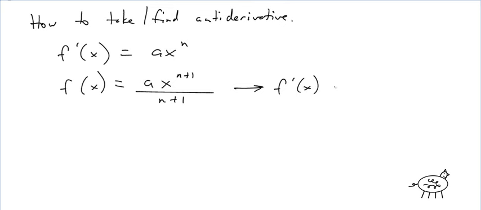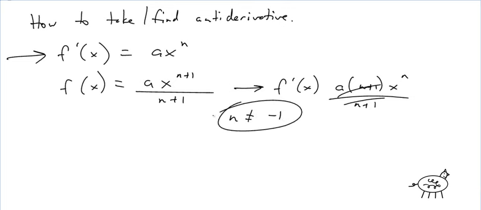So it's a times n plus 1, x to the n power, and then divided by n plus 1. So what happens? They cancel, and you get ax to the n, which is exactly what I started out with. The only restriction I have here, math fans, is n can never equal negative 1. That's very important. n can't be equal to negative 1.